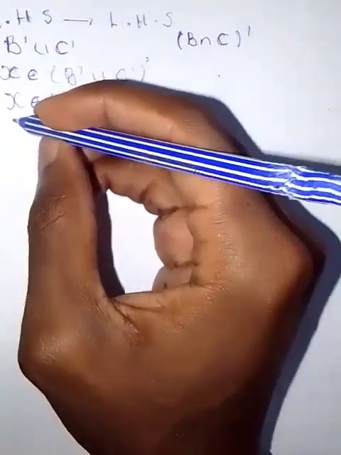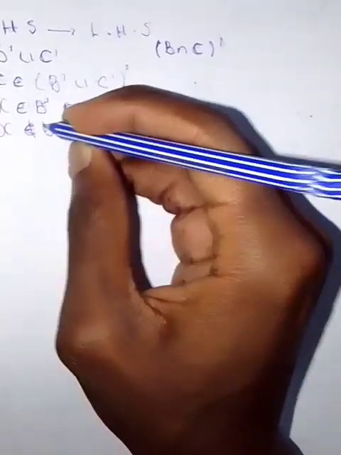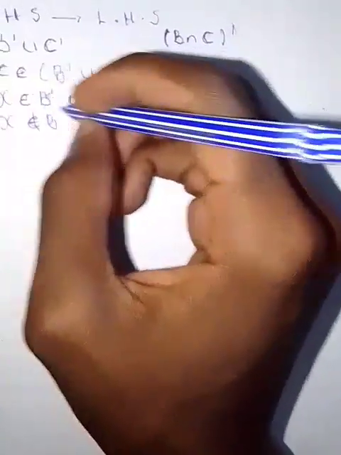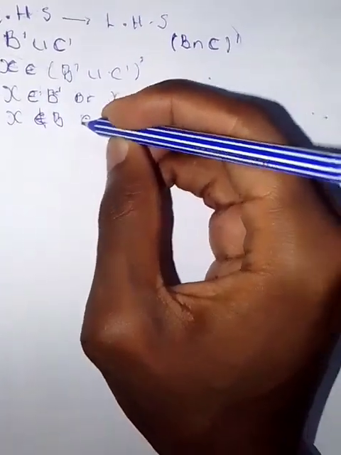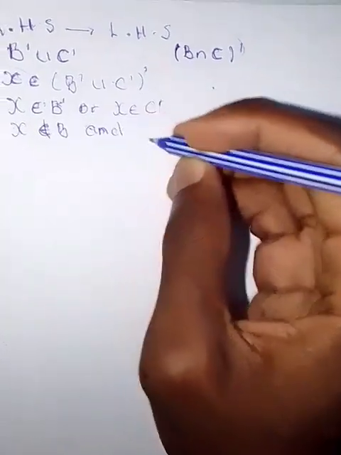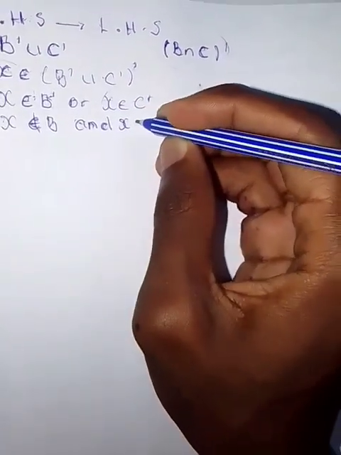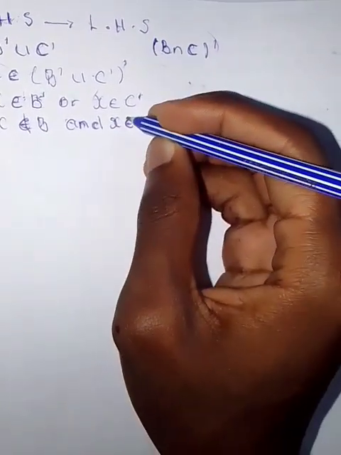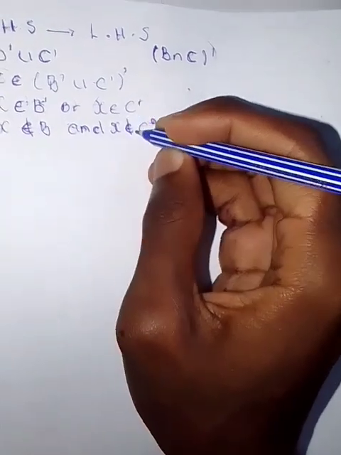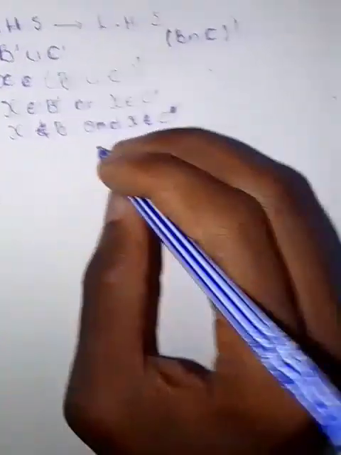Remember, X being a member of B complement is also equal to X not being a member of B. They are one and the same. They will still give you the same results. The moment we change this, even here we're going to do the same, writing X not a member of C. Remember, or is represented by the union symbol, and is represented by the intersection symbol.